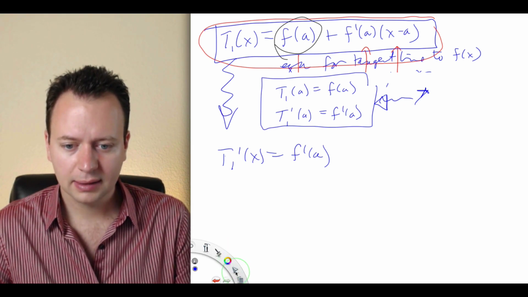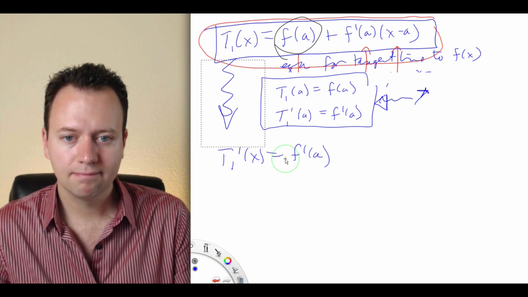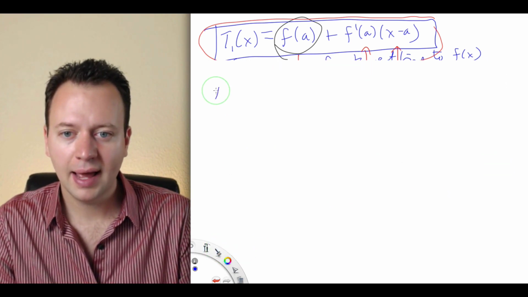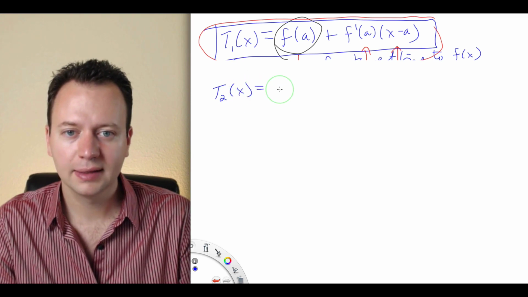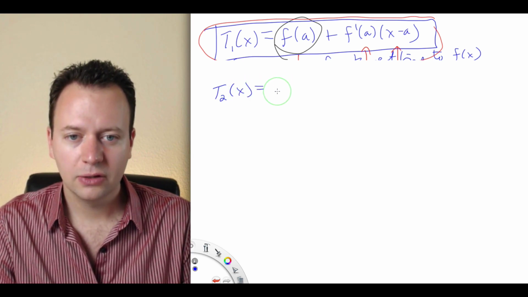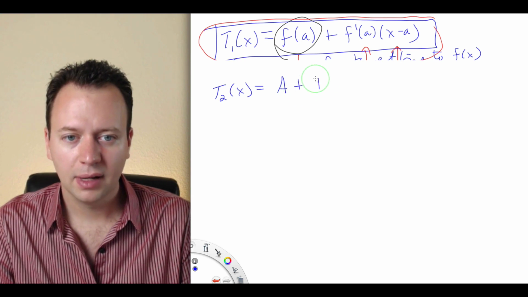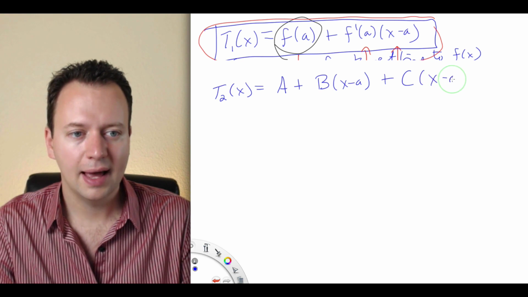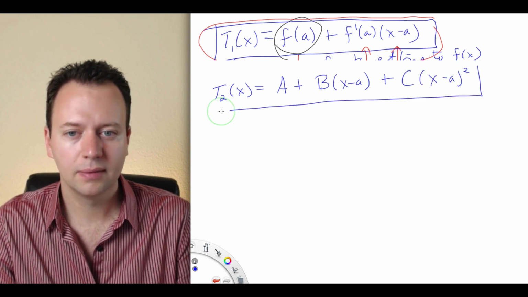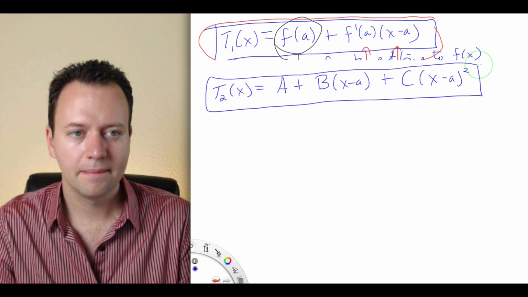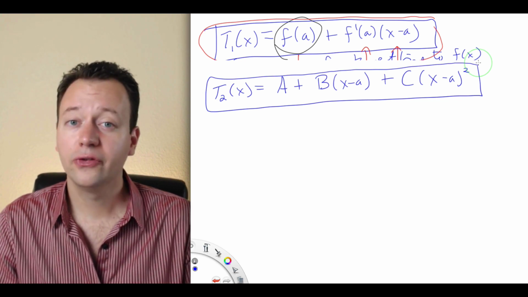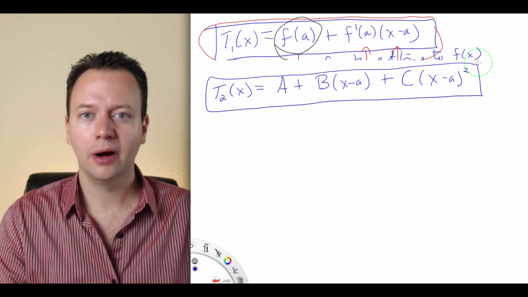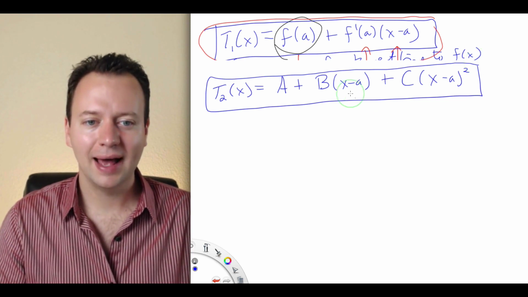So to see this, let's set up a general quadratic function. And since everything's centered at a, I'm going to call it T2 of x. I'm going to say it's equal to capital A plus capital B times x minus a plus capital C times x minus a quantity squared. So this is a general quadratic function, and instead of using just x and x squared, I'm making my life easy by using x minus a.